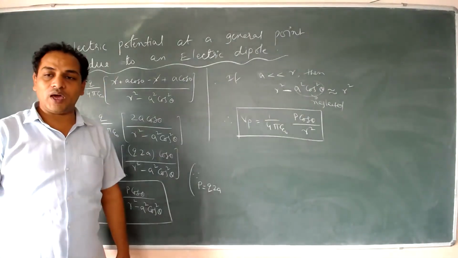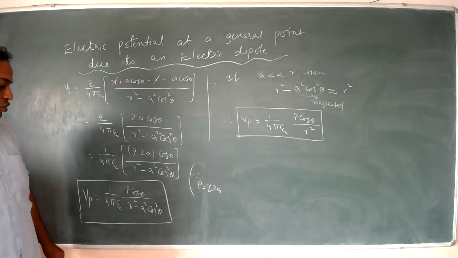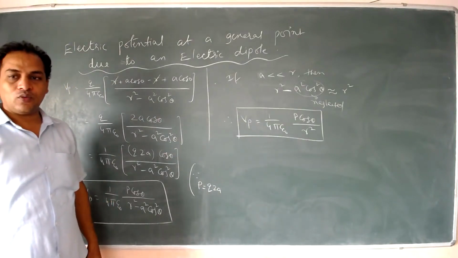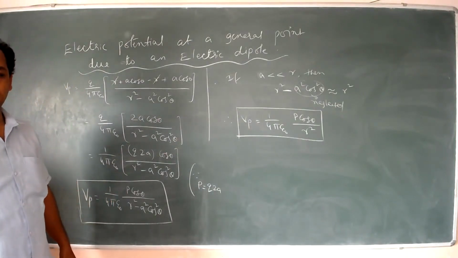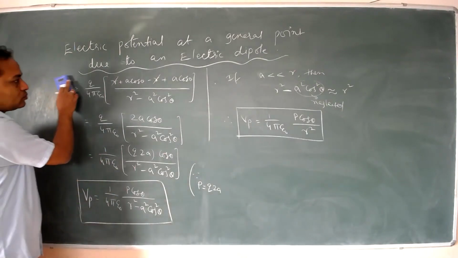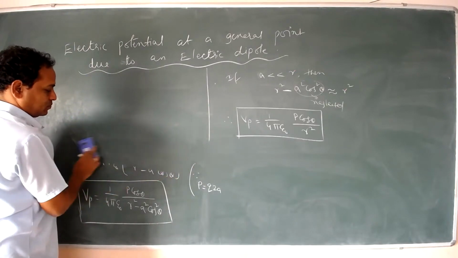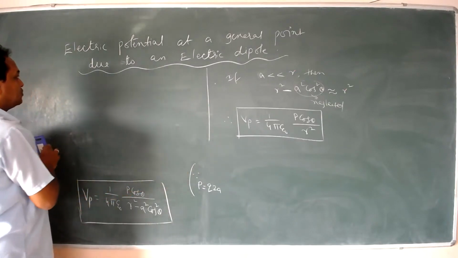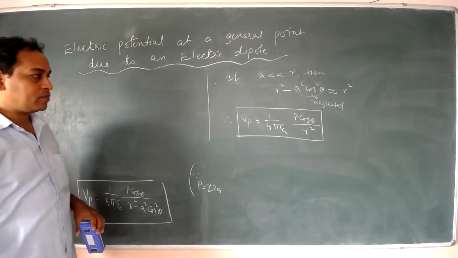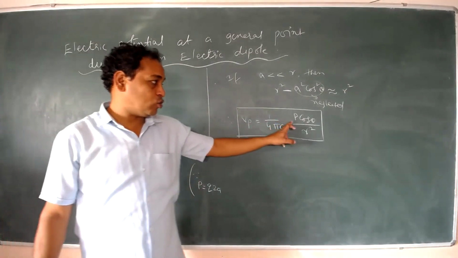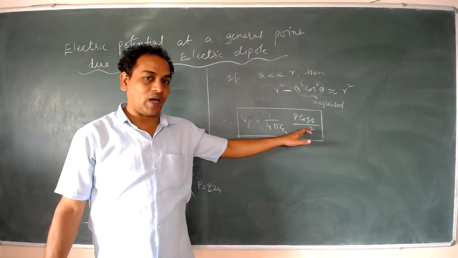From this, two cases are possible. What are those two cases? Let us see. Vp is equal to 1 by 4 pi epsilon naught into P cos theta by R square.